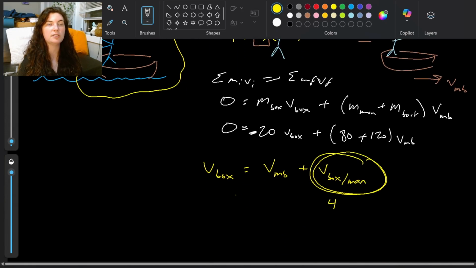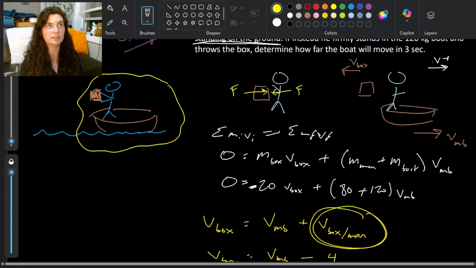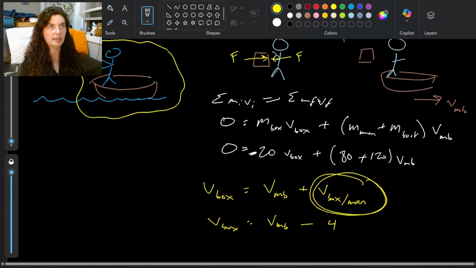And now this gives us a second equation to solve between these two to find what our velocity of our box is and what our velocity of our man-boat is. So our velocity of our box is going to be our velocity of our man-boat minus 4 meters per second, because again that relative velocity of the box with respect to the man is still in the negative direction. That's going to be a negative 4.